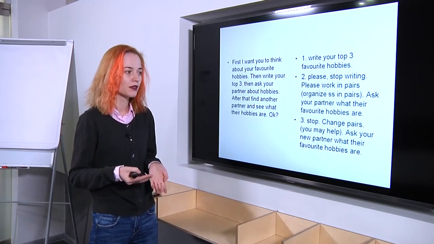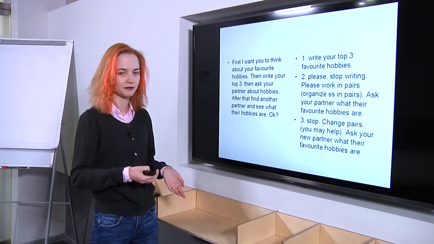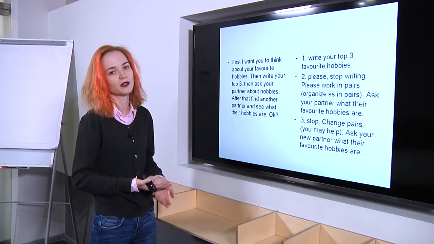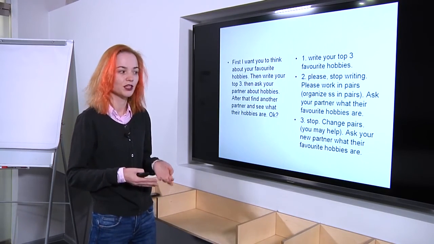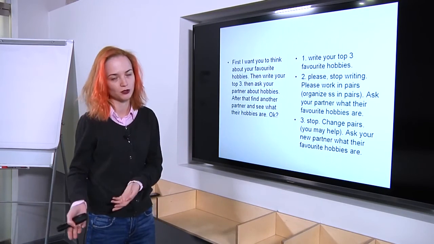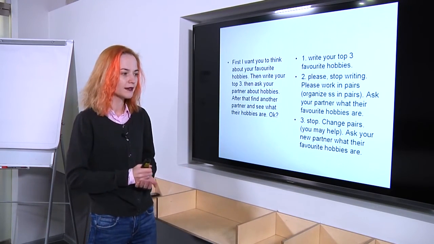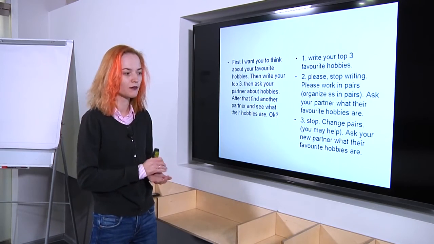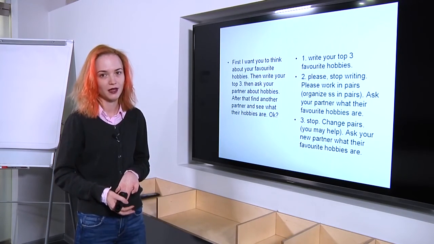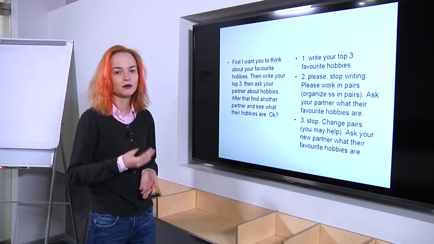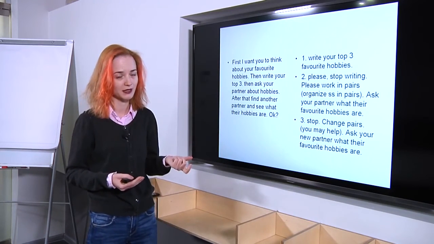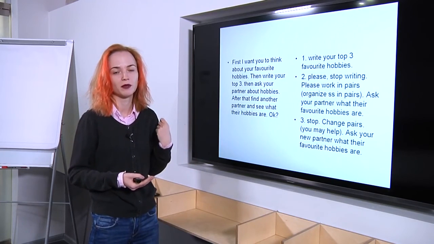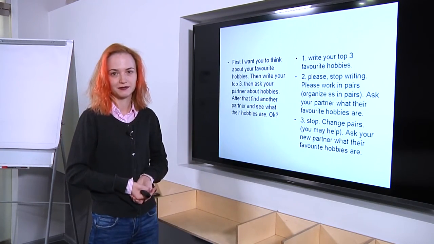Ask your partner what their favorite hobbies are, and you give them time, and also here you may ask some ICQs. Then stop, change pairs. You also may help your students to change pairs. Ask your new partner what their favorite hobbies are. Thus, they will do the same task but in baby steps, and I think that it will be more effective.